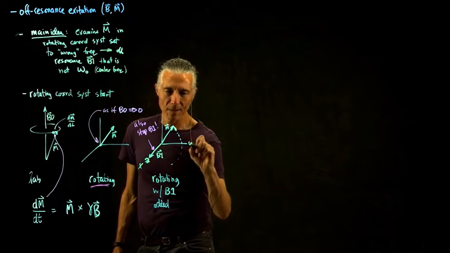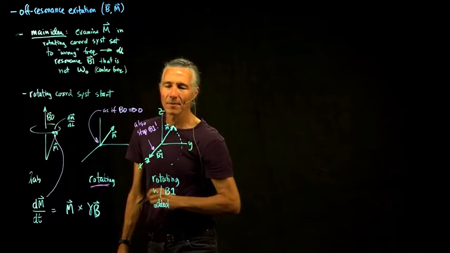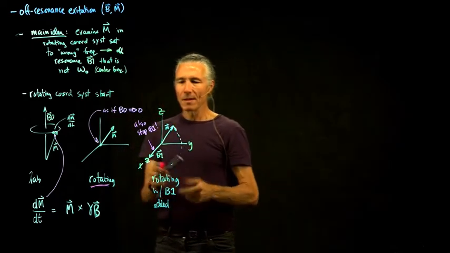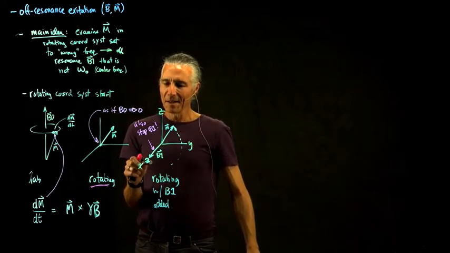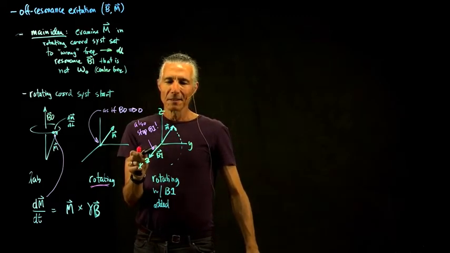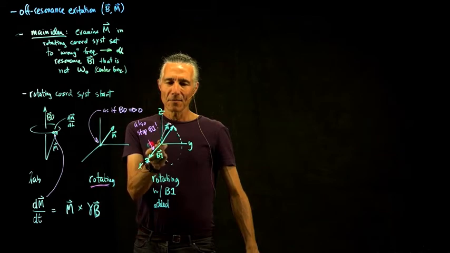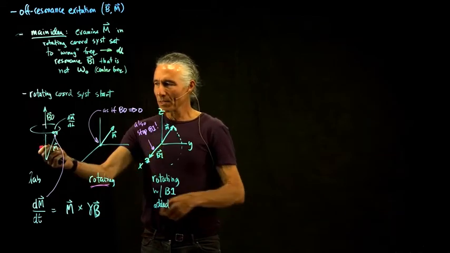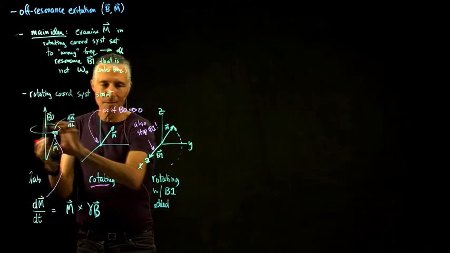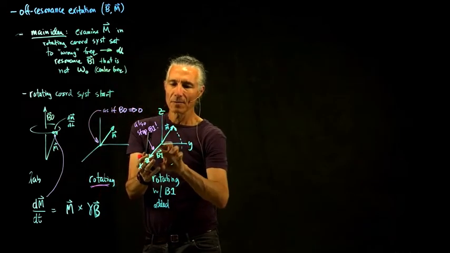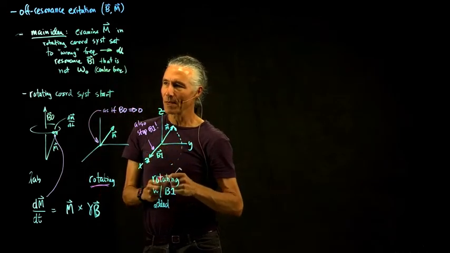So if that's the x, y, and z, and the direction of the B1 is in the x-axis, it'll do something just like precession. It's exactly like precession, except now it's with stopped vectors.